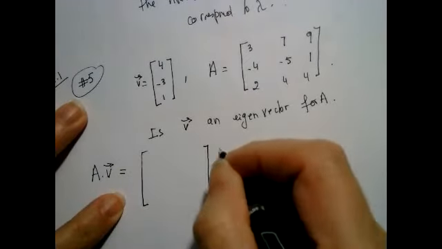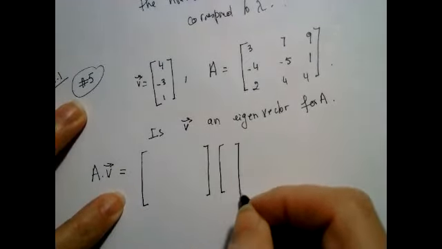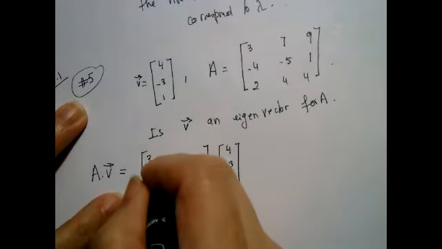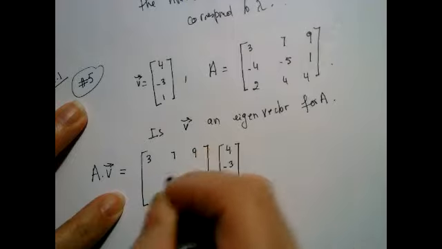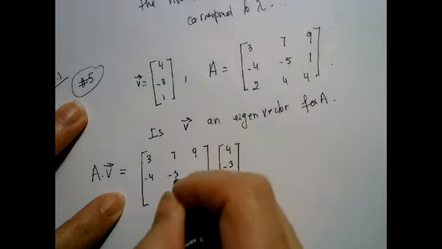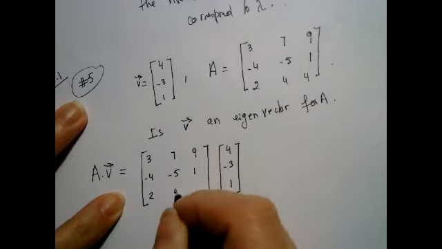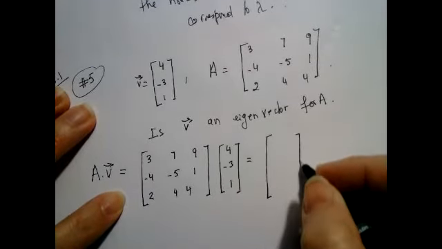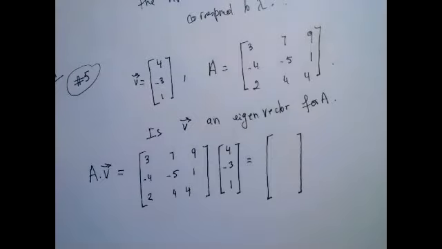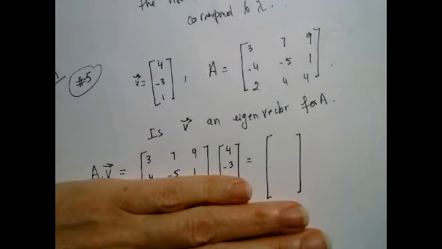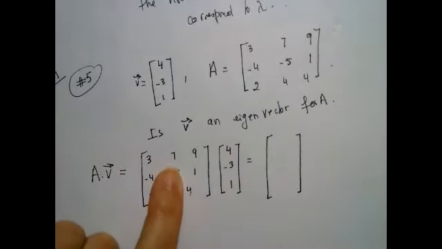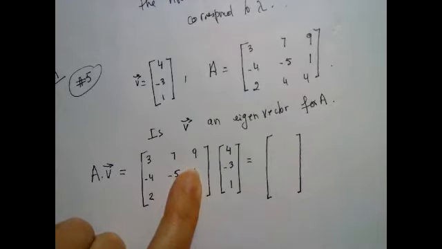So this is my A, and this is my vector V. That's (4, minus 3, 1) and the rows (3, 7, 9), (minus 4, minus 5, 1), (2, 4, 4). And now I just multiply them. It's a matrix times a vector, so I'm going to use the row-column definition. So I will have 3 times 4, 12, minus 21, plus 9.